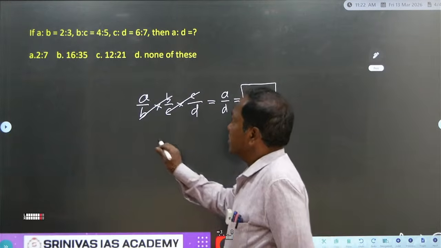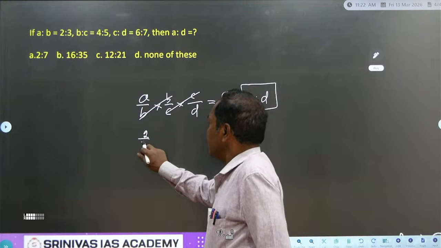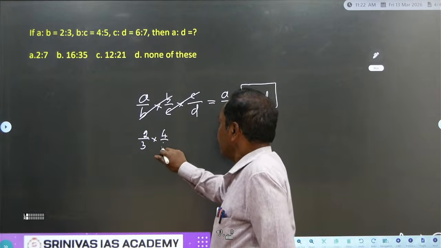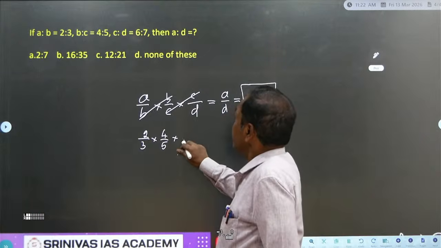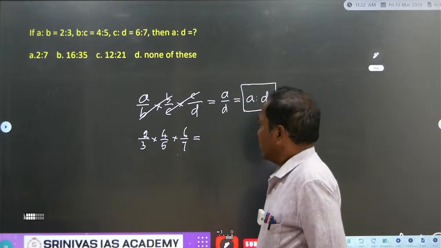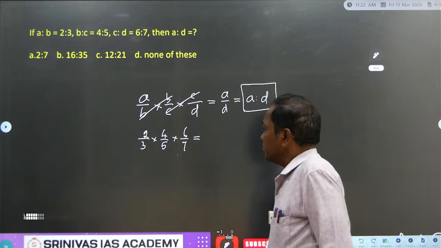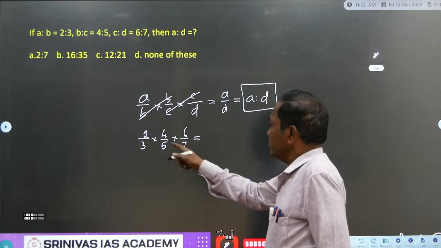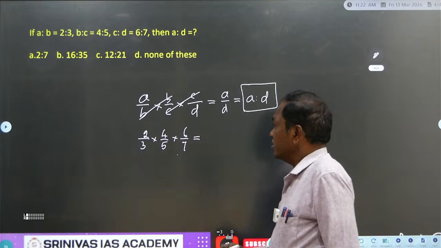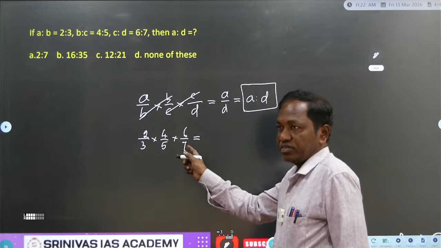And see now if you see the numbers, 2 by 3 into 4 by 5 into 6 by 7. Of course, they are all prime numbers. You can see even then you can't do 2 into 4, 8. Where do you do cancellation?